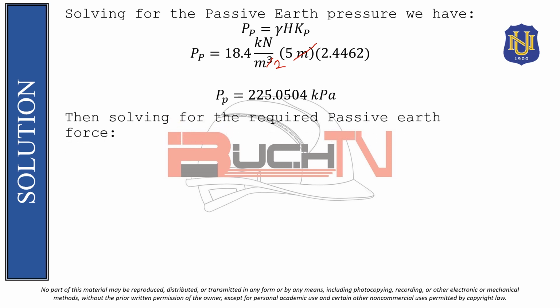So, calculating for the required, which is the passive earth force or the passive earth thrust on the wall, that is using the area of the triangle, which is 1/2 times P sub P times H, or some textbooks use it as 1/2 gamma H squared Ka. So that will be F sub P is equal to 1/2.